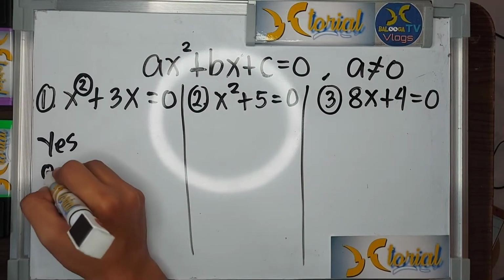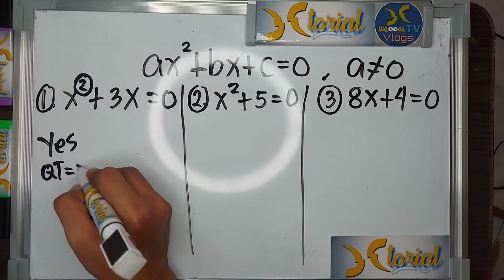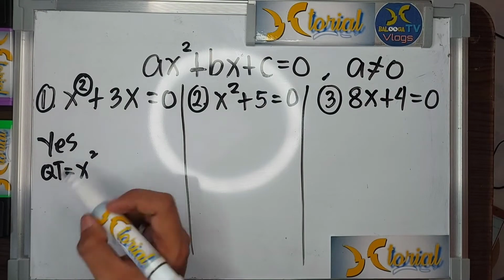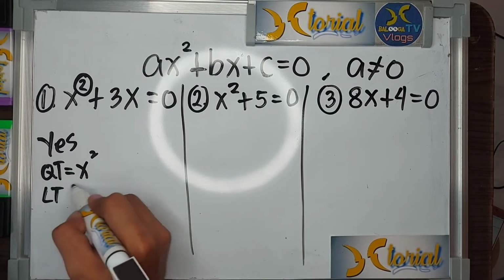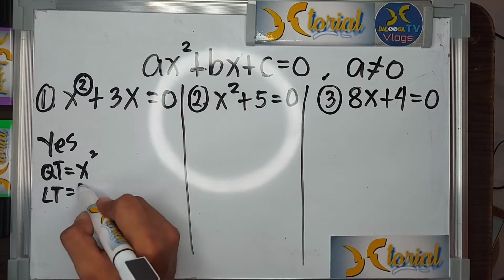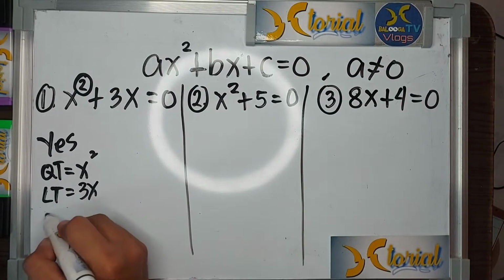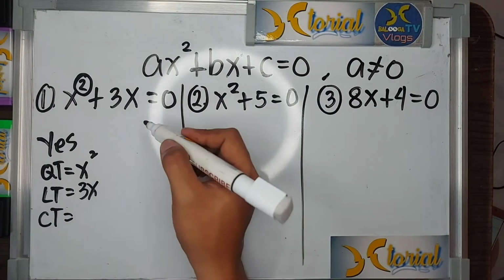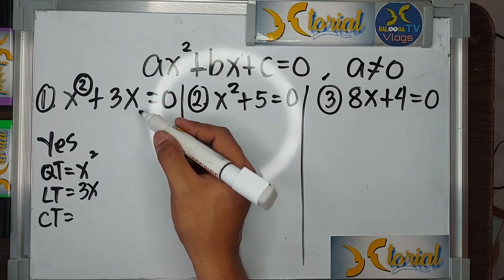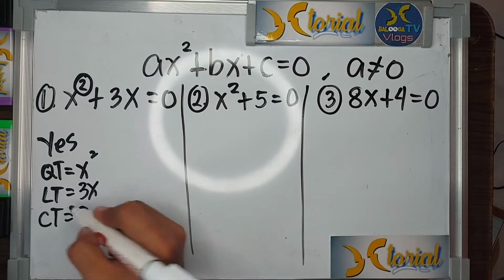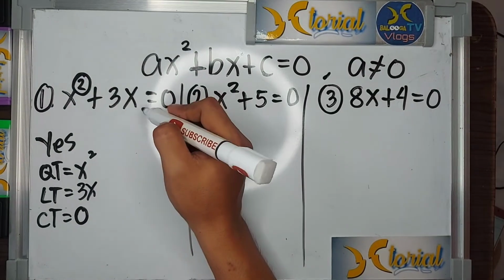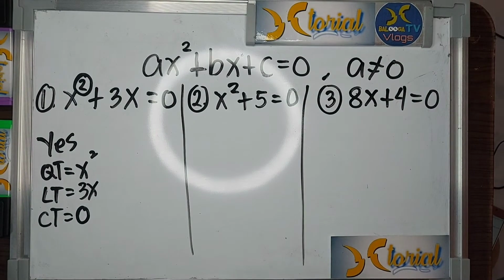Okay, so ano naman yung quadratic term natin? Quadratic term is x squared. Our linear term is equal to 3x. Our constant term is equal to, meron ba? Okay, so wala. 0. So wala siyang constant term or yung number lang.